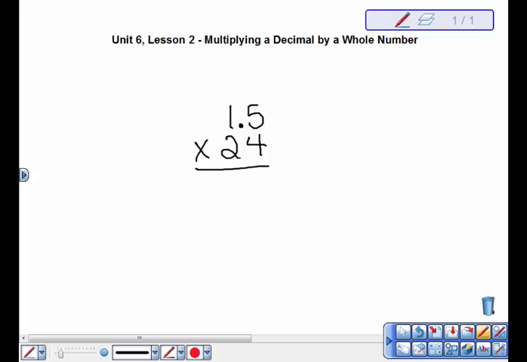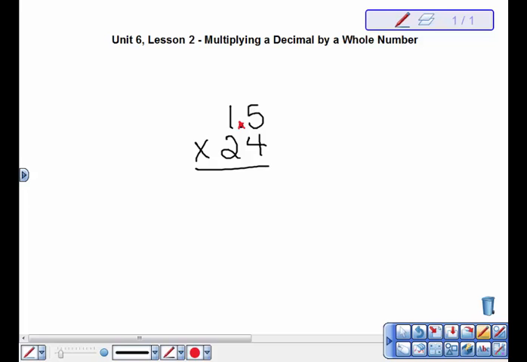So here's what we're going to do. Let's take a look at the problem on the screen, 1.5 times 24. Okay, there's a decimal, so at first maybe I get a little nervous, but really this is not a difficult problem. Whenever you multiply by a decimal, all you're going to do is ignore the decimal point.